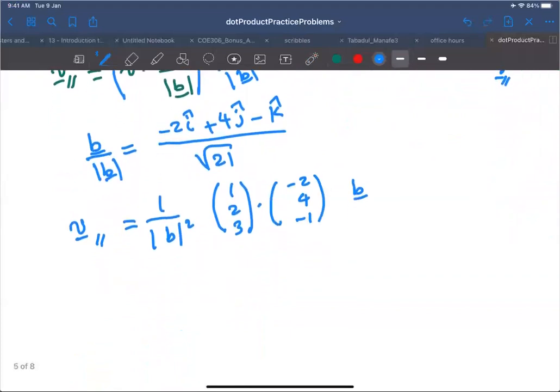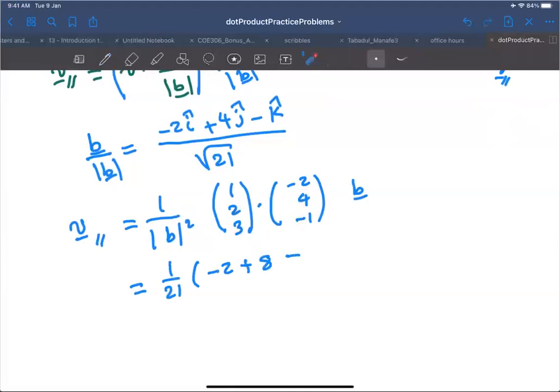That equals 1 over 21 multiplied by minus 2, which is coming from 1 times minus 2, and then plus 2 times 4, which is 8, and then minus. Why did I say minus? Because we have a minus sign here.